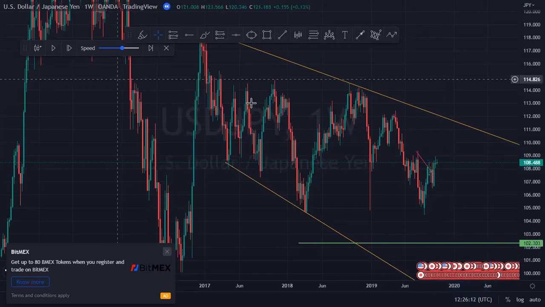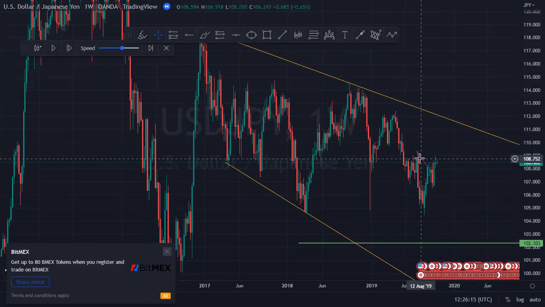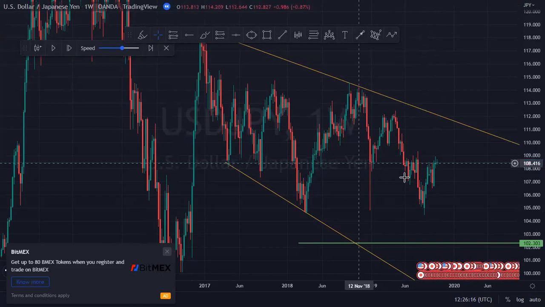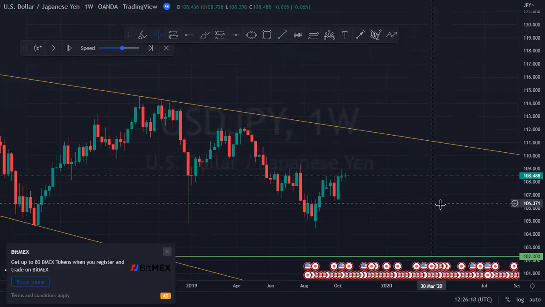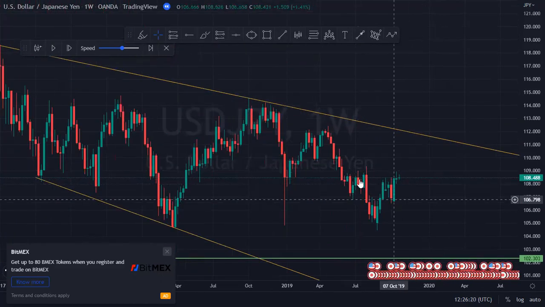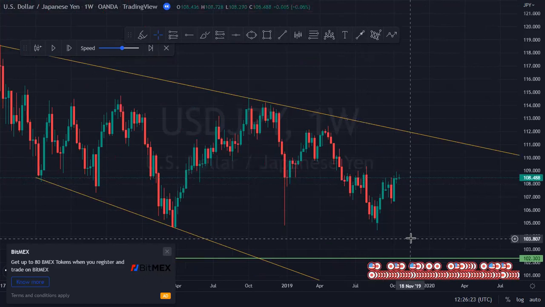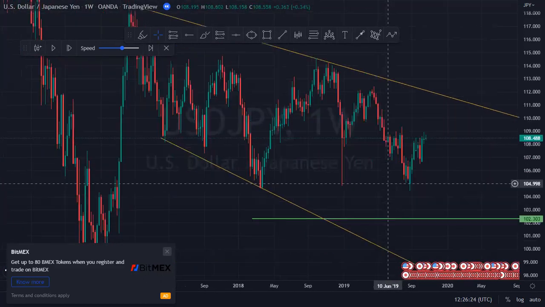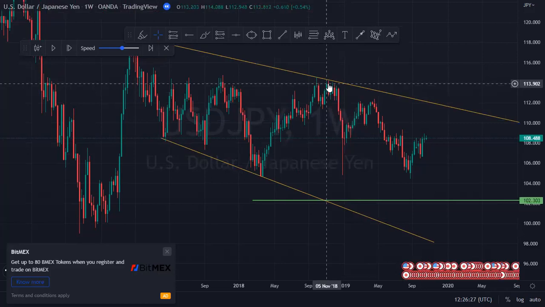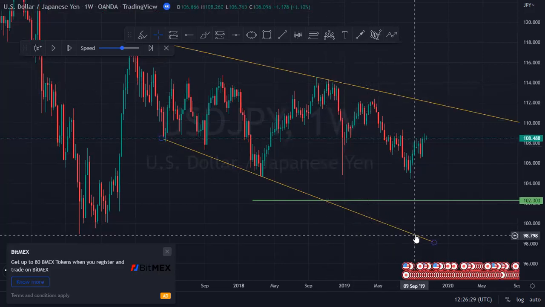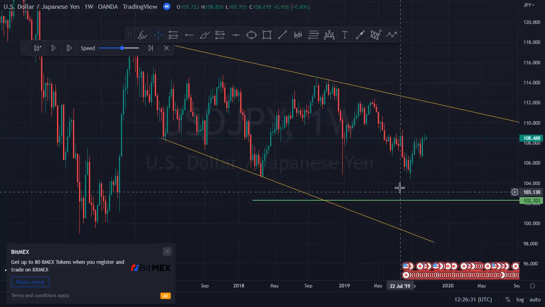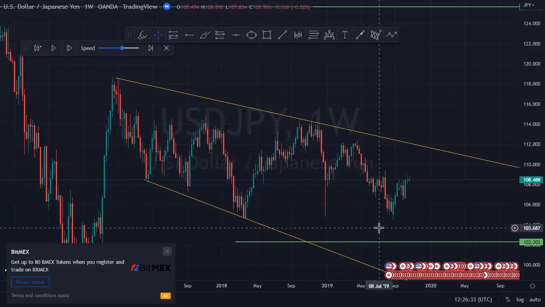Fine. Now the market is here, and I realize the market didn't respect my sell entry to the downside, right? Because most of the time when we expect this area, we're expecting to go down to the downside and test the support side of the trend line, right?